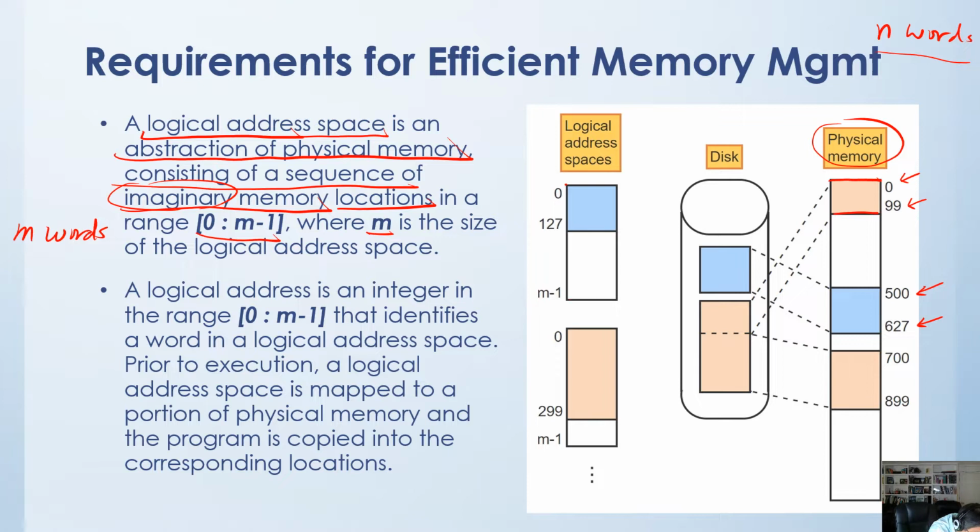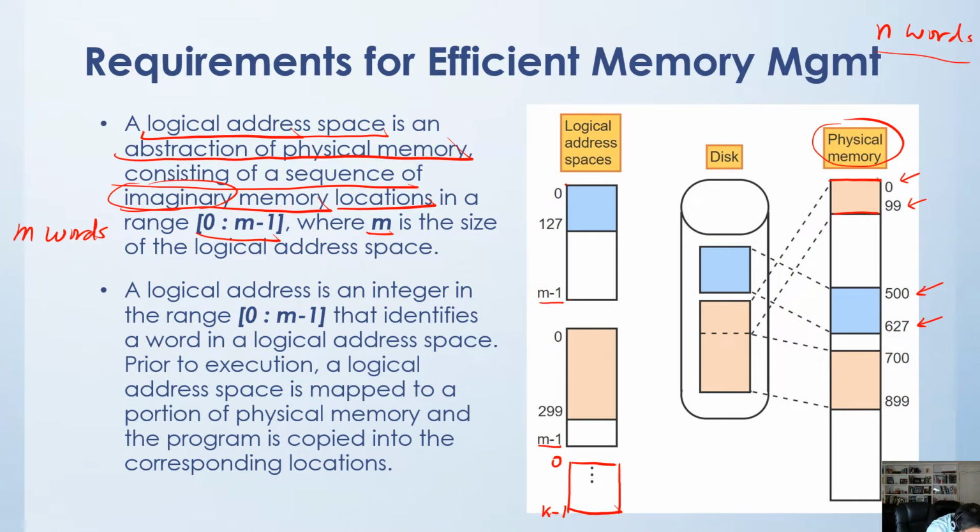The other logical memory is also from 0 to m-1. But you may have a logical memory space from 0 to maybe k-1. It doesn't have to be the same size.